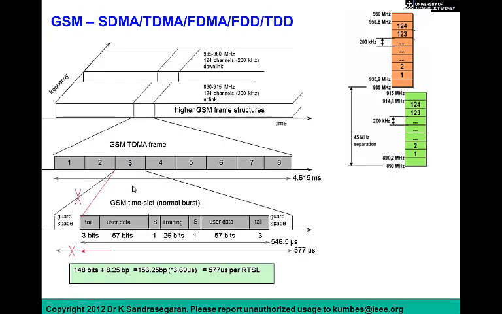There are parts of the time slot where user data is transmitted, and there are other parts where we have to have some kind of guard space, because we have a number of users within a cell using a time slot. So we want to make sure that what one user is transmitting in one time slot does not interfere with information transmitted by another user in the next time slot. So we put in some guard space at the end of each time slot to account for that.